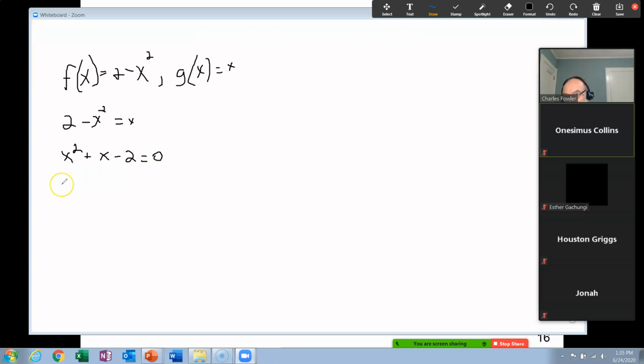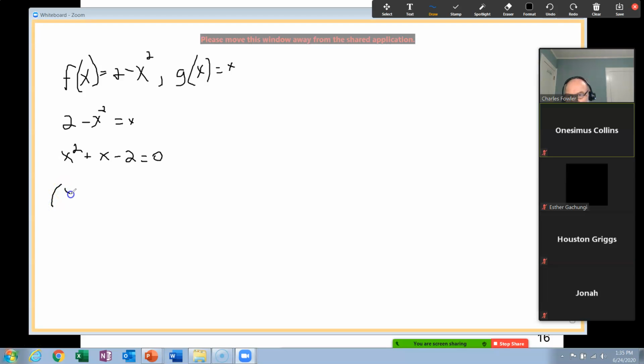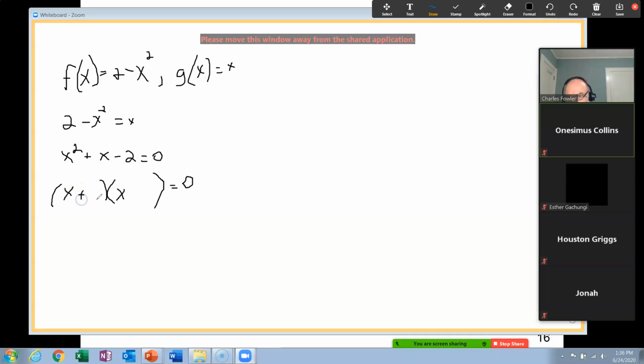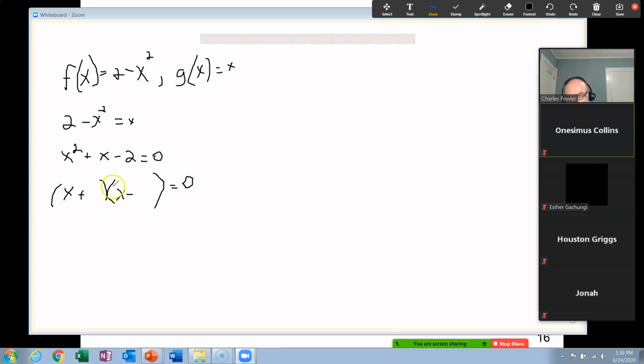How do we solve this? That's good old algebra. Factor. The only possible factorization for x squared, of course, is x times x. Then, because the sign of the last term is negative, one of these is going to be positive and one negative, the only way you can get a negative product out of two signs.